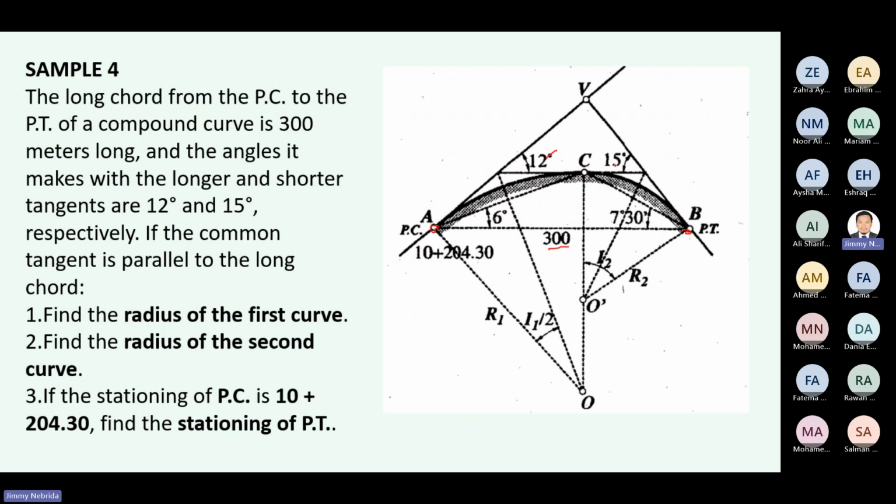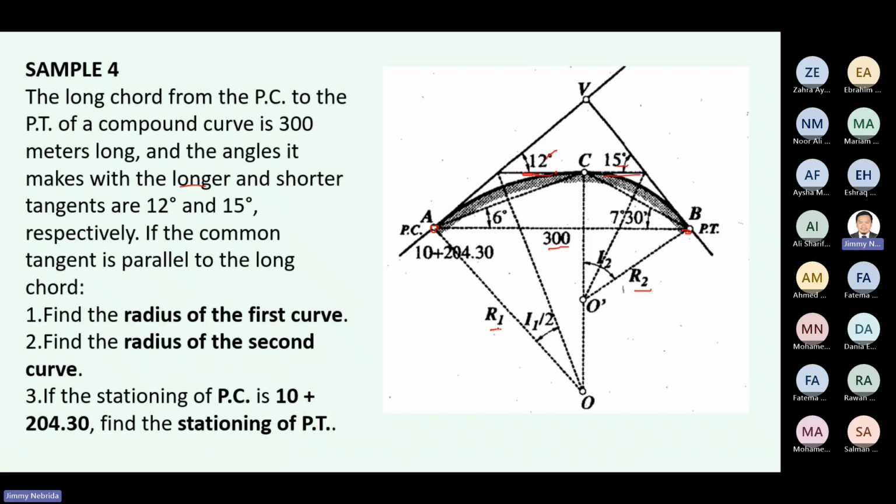This one is the longer tangent, meaning the first curve, and the shorter tangent, this one, is 15. If this is the common tangent, and it is parallel to the long chord, find the radius of the first curve, R1. Then find the radius of the second curve. And then find the stationing of PT. What would be the stationing of PT?